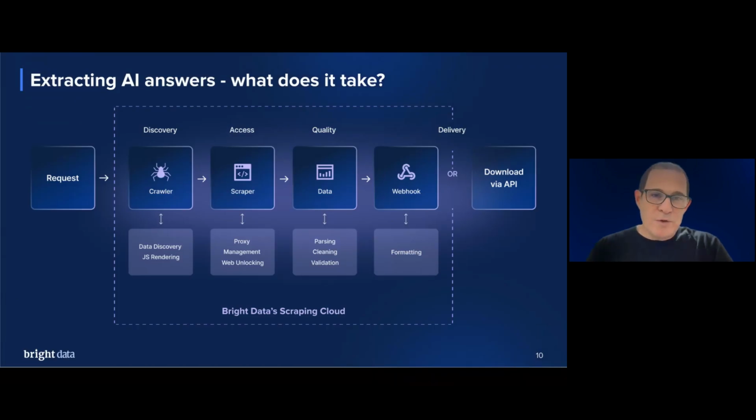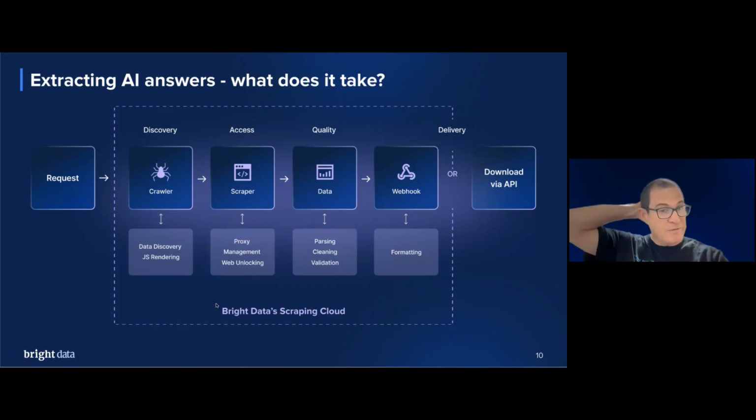All right, so let's talk about extracting AI answers. So what does it take? It's not easy, okay? So what you're looking at here is basically the technology stack that we have developed. You, as search marketers, put in your request, and then there's a whole lot that goes on under the hood. We need to crawl, we need to discover the pages, we need to render them in a browser. We're going to see that in a minute.